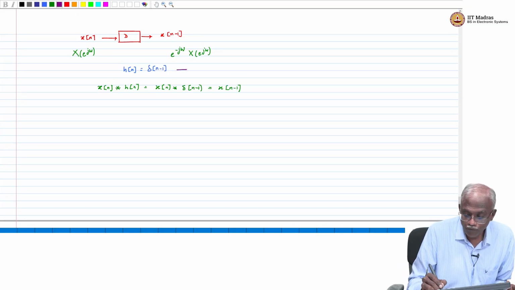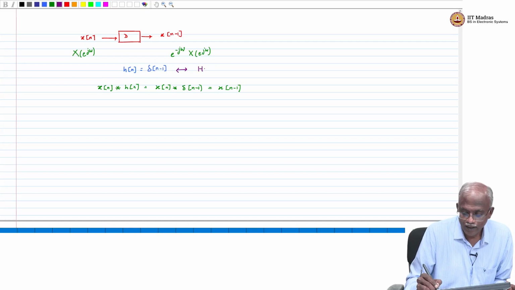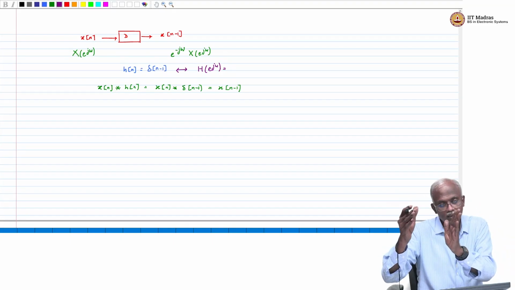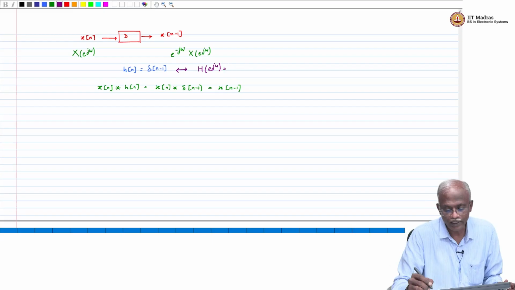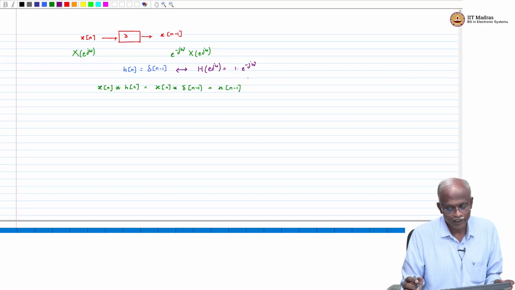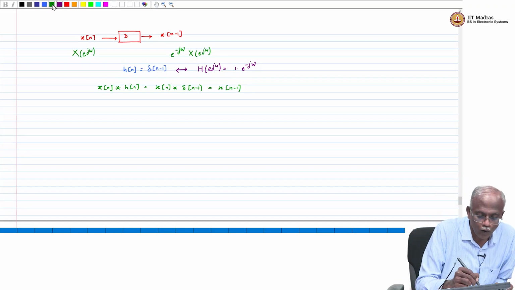Now, if you were to do the discrete time Fourier transform of this, what will H e of j omega be equal to? A delta function occurring at n equal to 1, so only one term in the infinite summation, it will be 1 into e power minus j omega. So basically e power minus j omega. So what is the output?